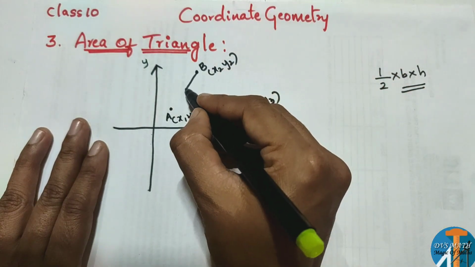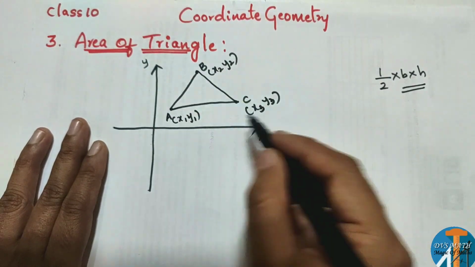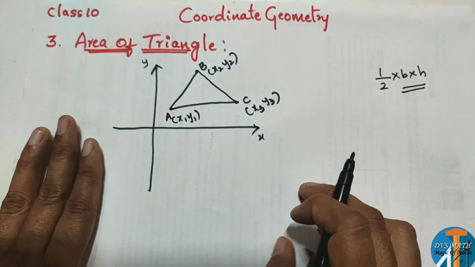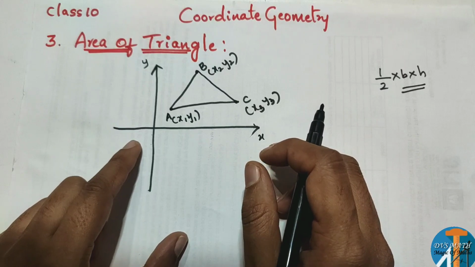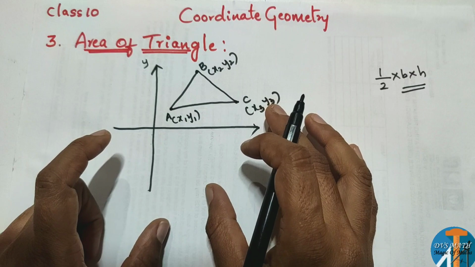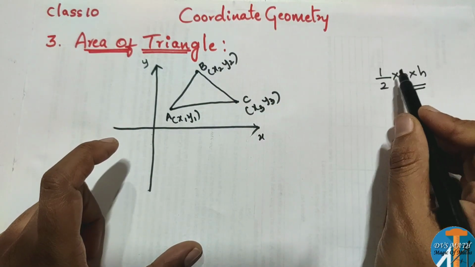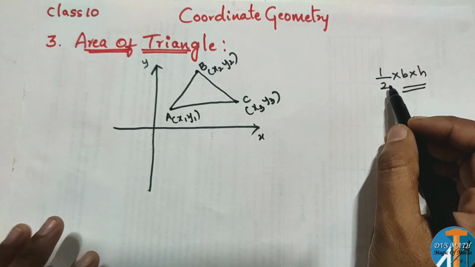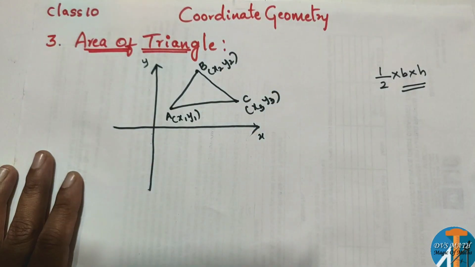If we join all these points, we get a triangle, right? We are getting a triangle from 3 coordinates. This formula is derived in your textbook, you can refer to that. I am going directly to the formula because the derivation is not important. In your lower class you learned half into base into height, the area of triangle formula, but in this section we are using these coordinates for the formula.